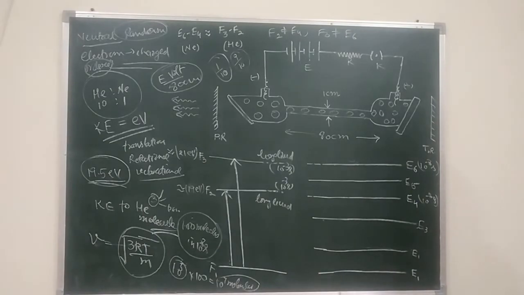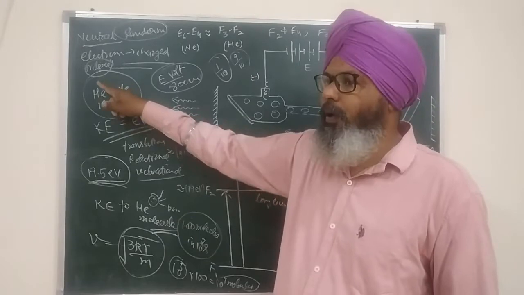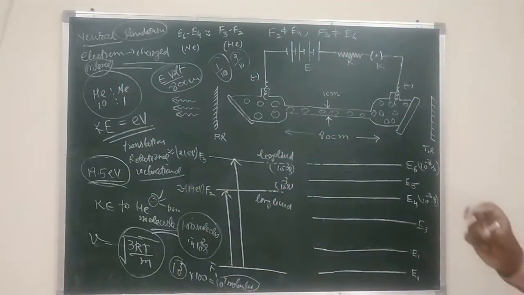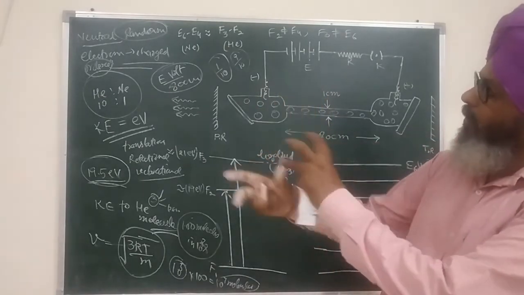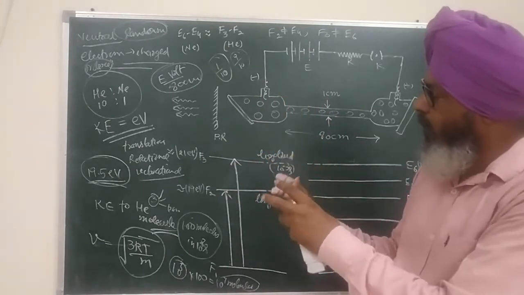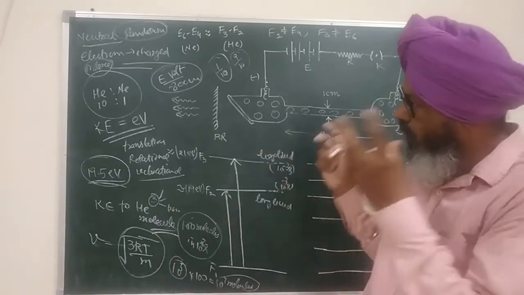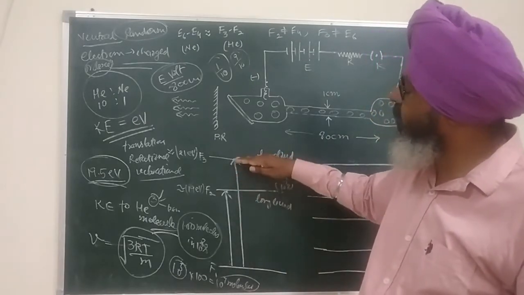What we have done here is that every neon molecule is now surrounded by 10 helium molecules. Suppose this is one neon molecule and it is surrounded by 10 helium molecules. All these 10 are, let us say, either in F2 or in F3.